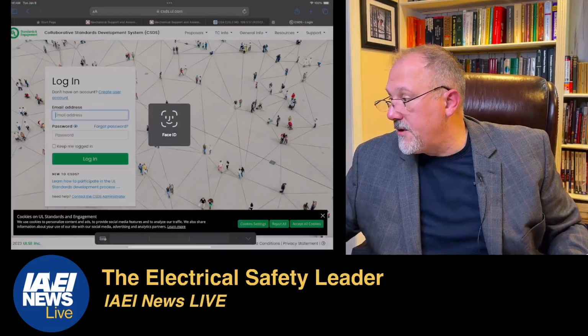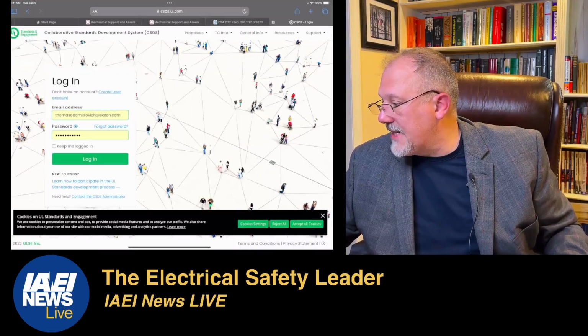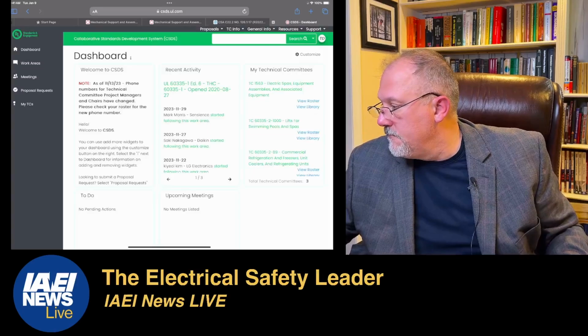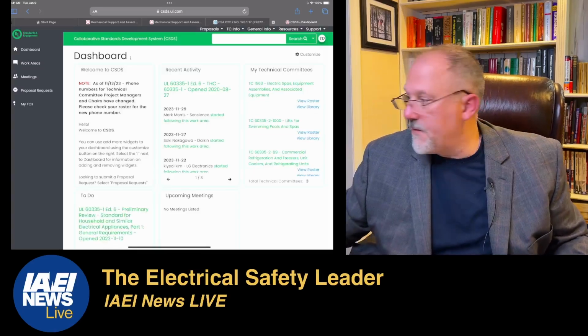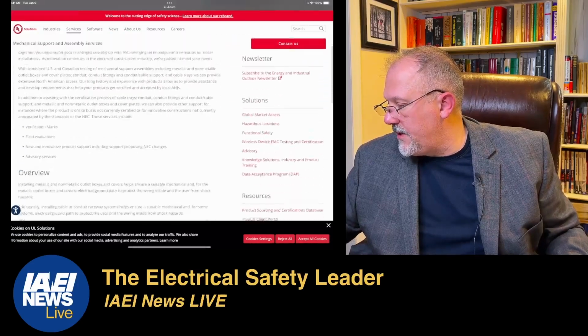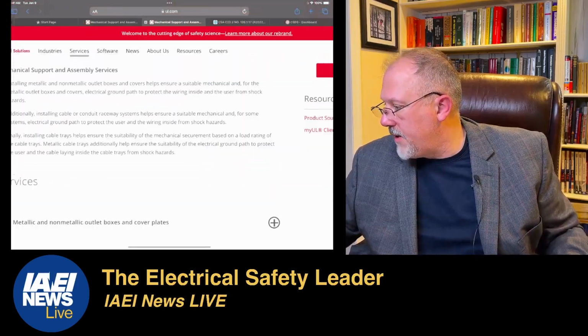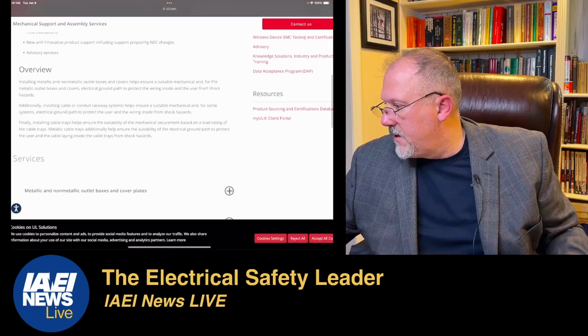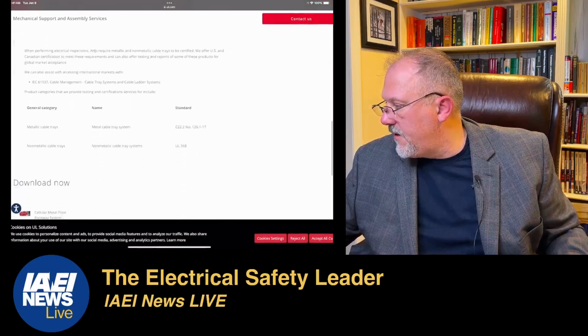So this is another tool you should have, CSDS. I believe login is free. So if I go back to this, for the standards, UL 568.